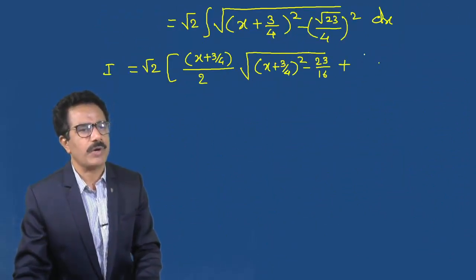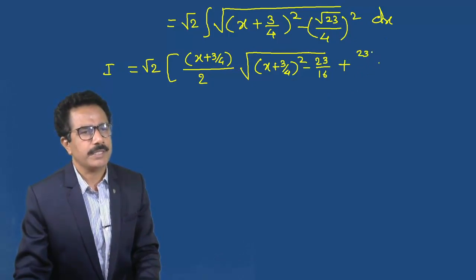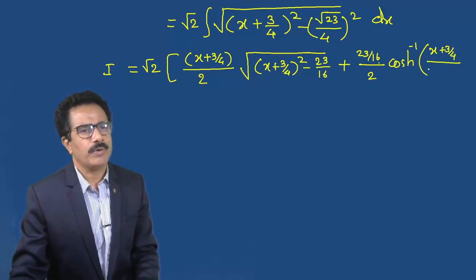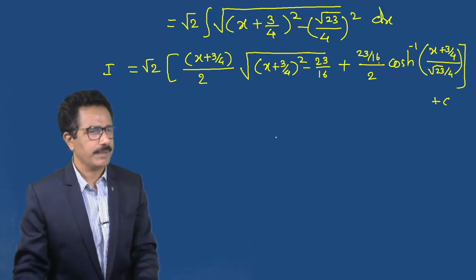A square by 2 means what? 23 by 16 divided by 2 into cosh inverse of x by a, x plus 3 by 4 upon a means root 23 by 4, plus c.